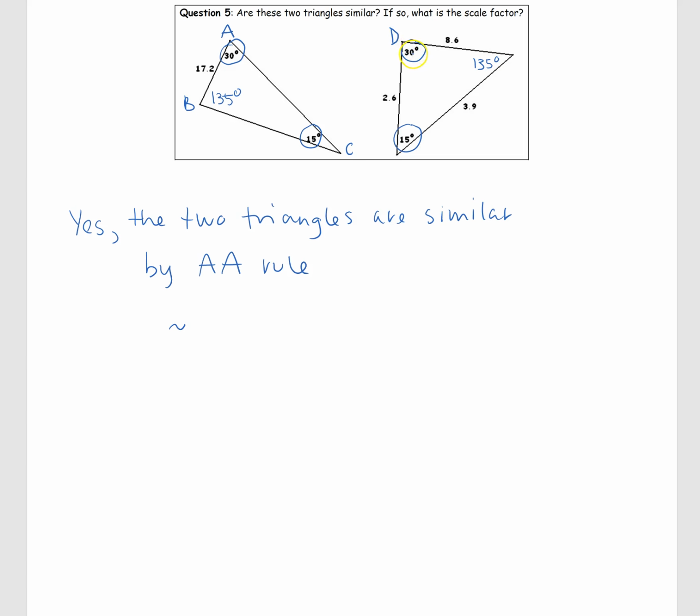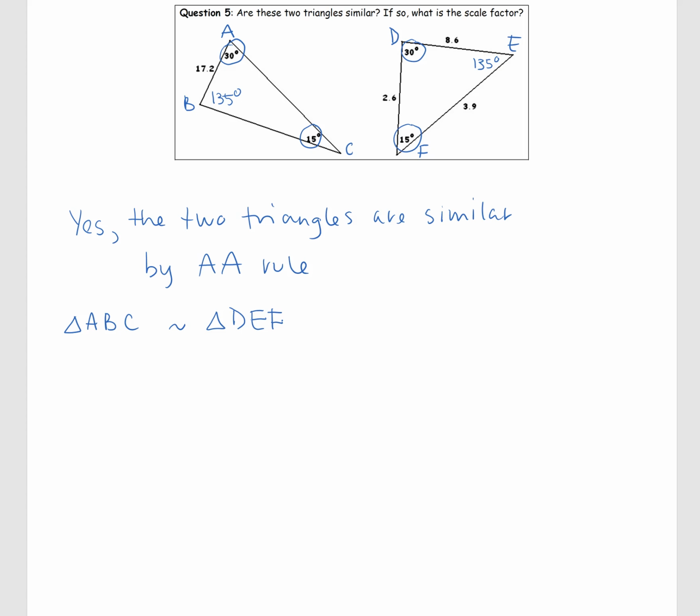So if I made my 30-degree angle at vertex D, and I put E and F here, I can say that triangle ABC is similar to triangle DEF. It has to be in that order to be correct.